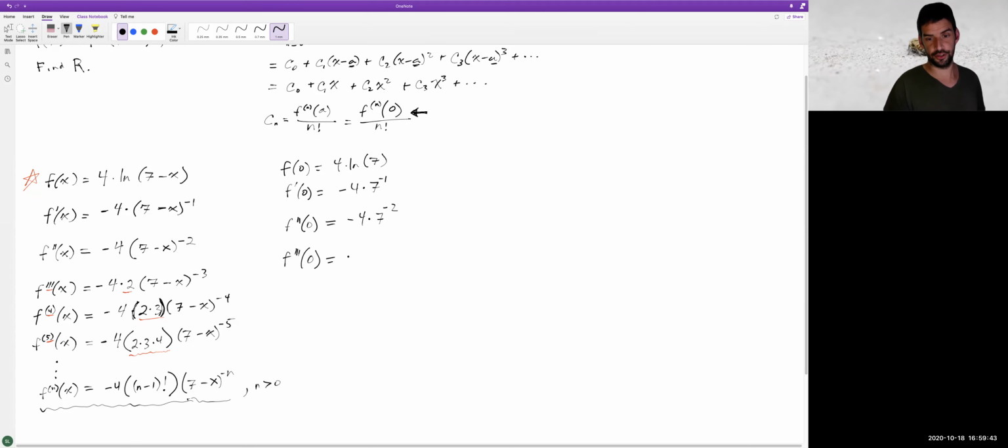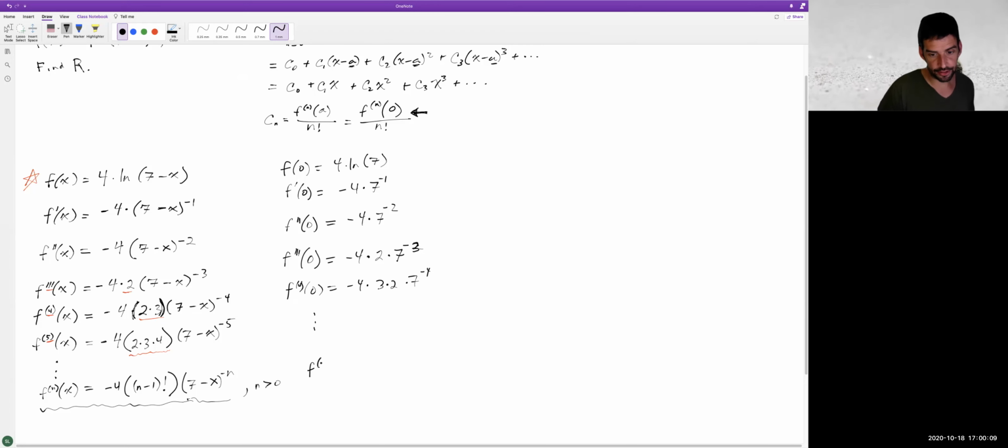F triple prime of 0 is negative 4 times negative 4 times 2 times 7 to the negative 3. I'll just fix it here. The fourth one we already saw, plugging in 0, we get negative 4 times 3 times 2 times 7 to the negative 4th, and on and on. And so the nth derivative at 0 will be negative 4 times n minus 1 factorial times 7 to the negative n.